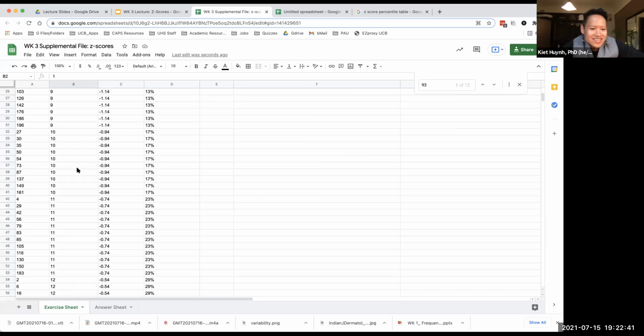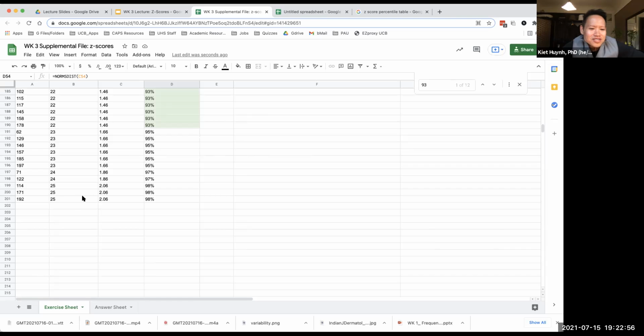If you have an X score of 12 on the happiness scale, you're at the 29th percentile, meaning you're happier than 29% of the people in this 200 people sample. And the highest, the person who had an X score of 25, they're at the 98th percentile. That means they're happier than 98% of the people in the sample. So they're very happy compared to a lot of other people.